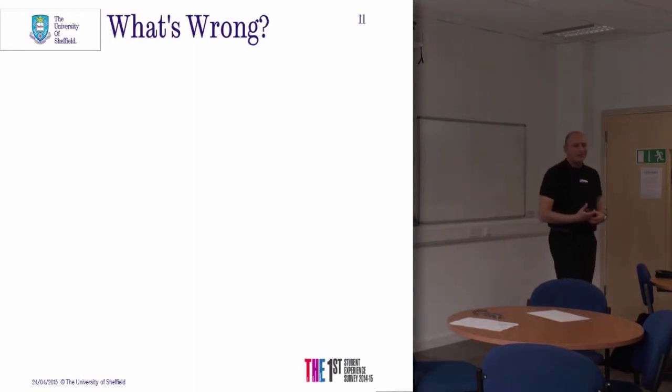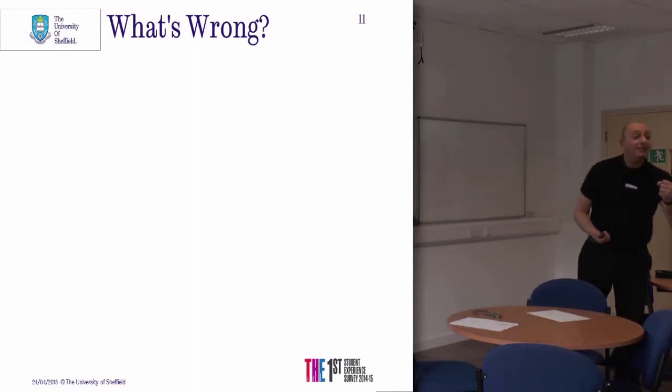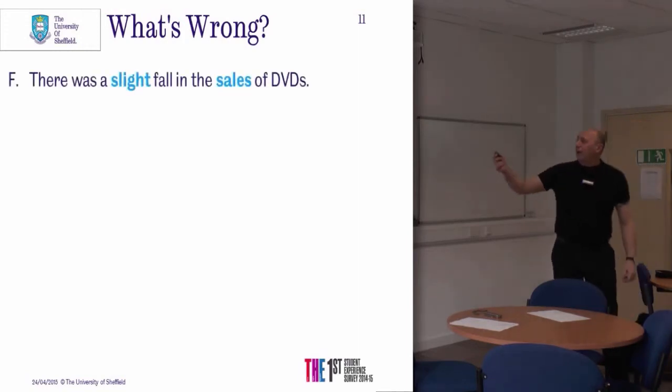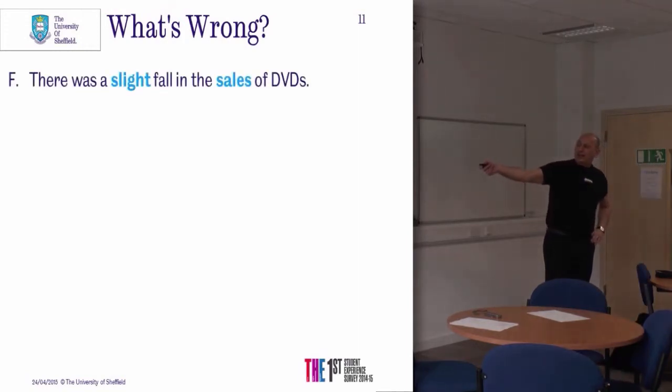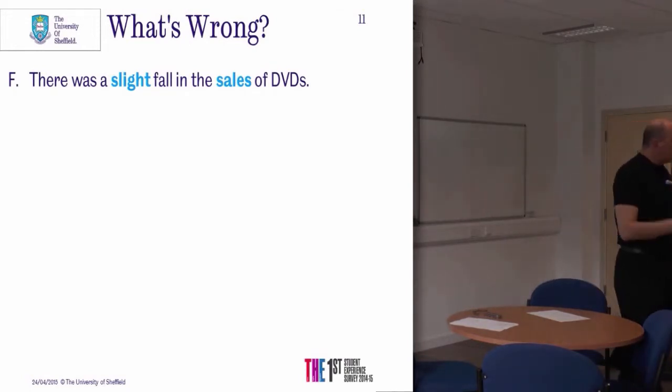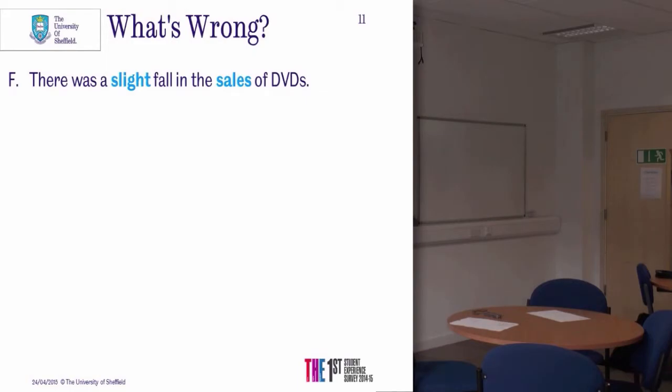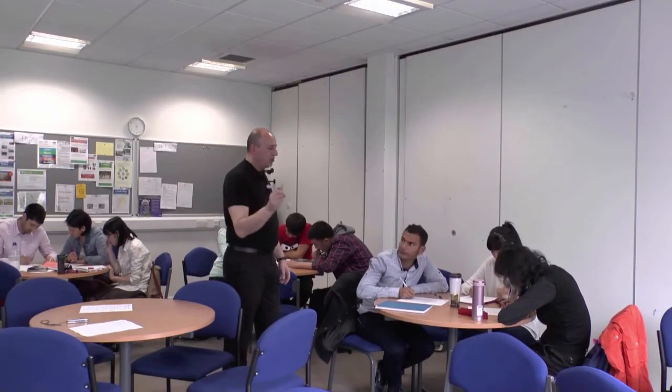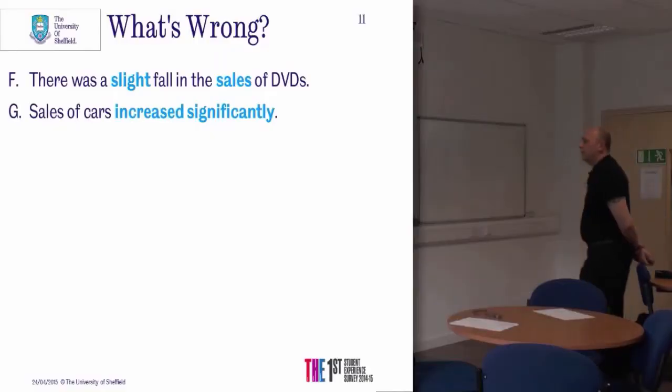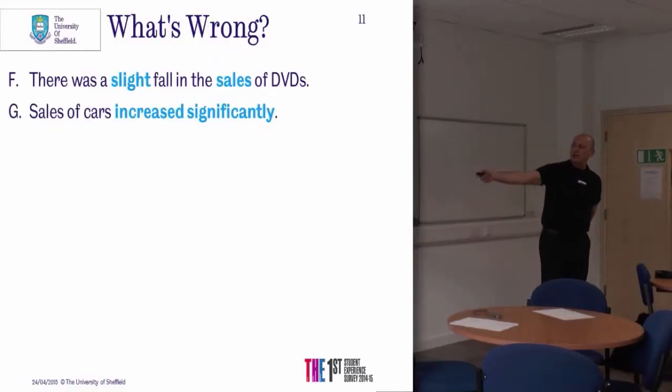Can you spot the other? Sales. Yes. Slight, and not sells, but sales. So there are 2 errors in each sentence, not 1 but 2. Find each of the errors. So it should be sales of cars increased significantly.